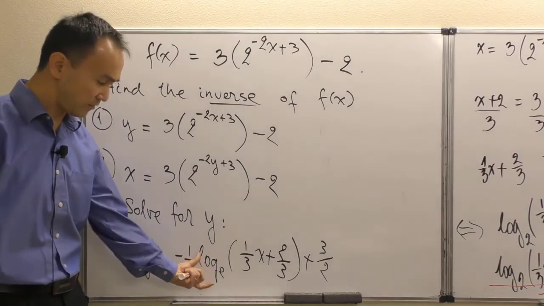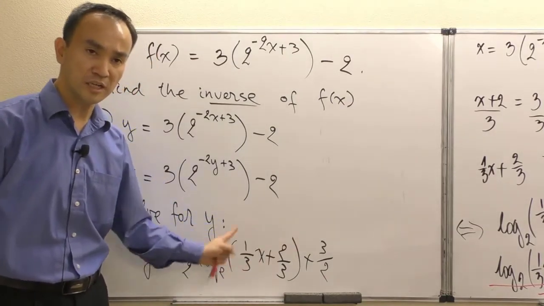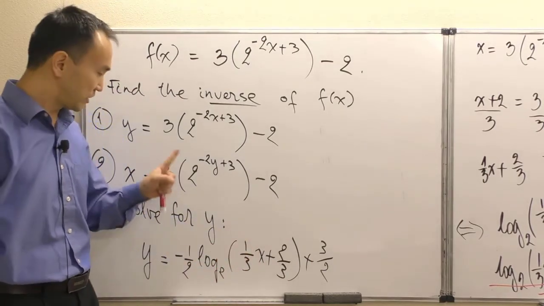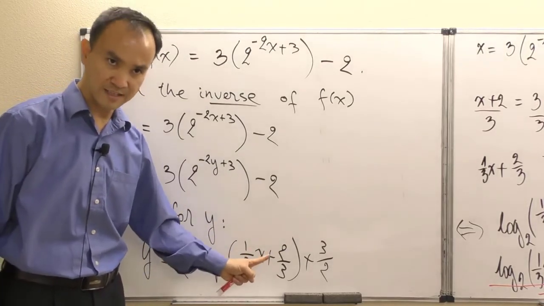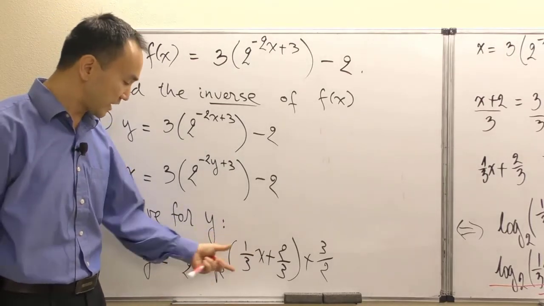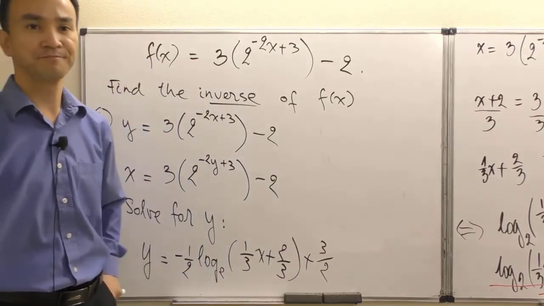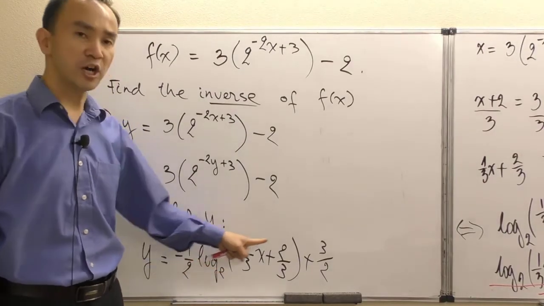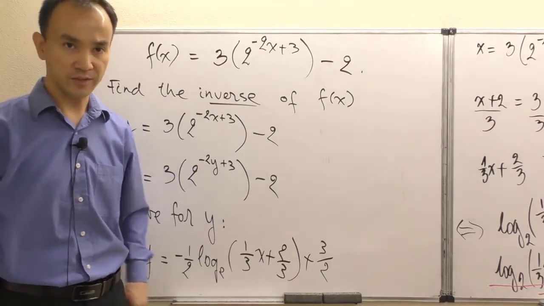But it's a logarithm not only of one simple input x, but of an expression of the input x. You give an input x, but before we take log, we have to do some mathematical work on that input. And after we're done taking log, we multiply the log outcome by the negative 1/2, and then we add the 3/2. A lot of things involved, but in the end, this, ladies and gentlemen, is our solved expression for y completely in terms of x.